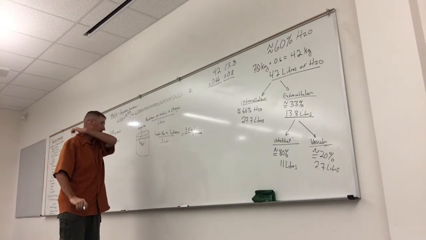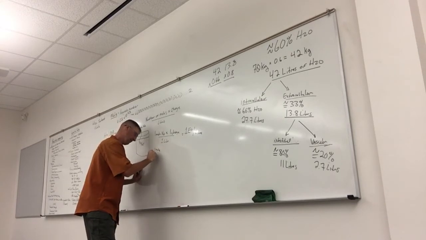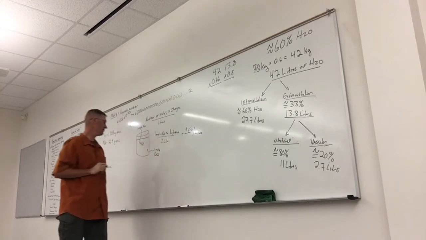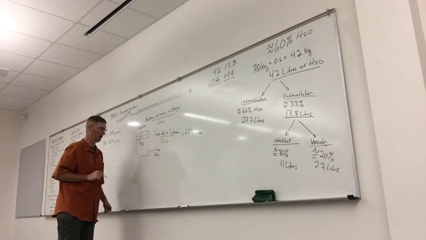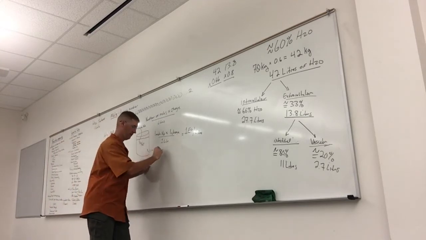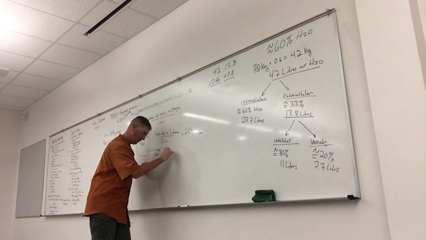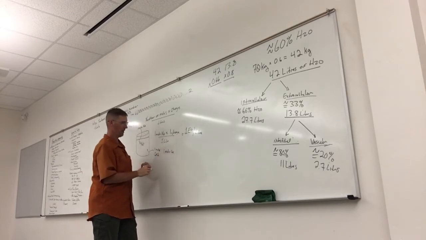Let me give you another example. Let's say that I have 1 mole of calcium, and I dissolve 1 mole of calcium into 1 liter of water. Okay, so what's the number of moles of calcium I have? 1 mole of calcium. And what is the charge on calcium as an electrolyte? 2.